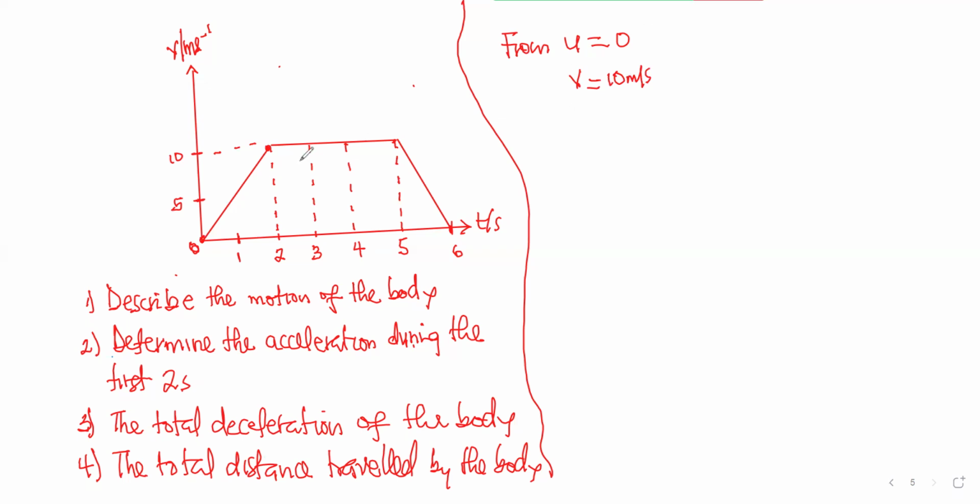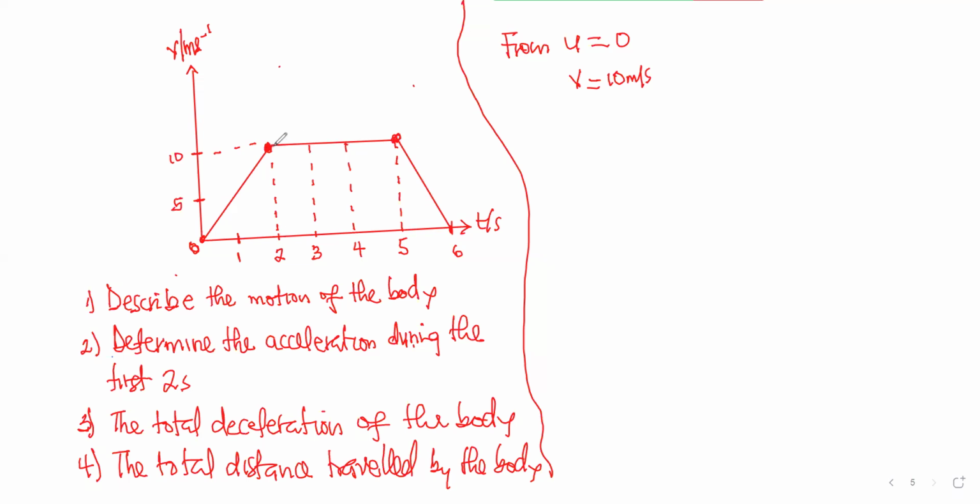Then from there, it maintained its velocity for further how many seconds? 3 seconds. So 3 plus 2 would be 5.